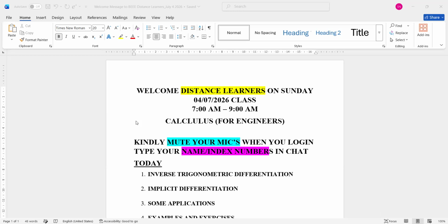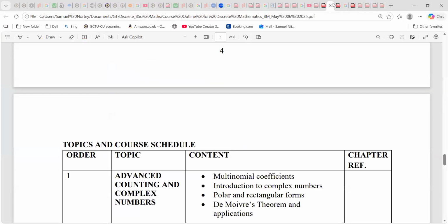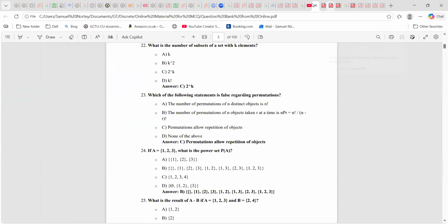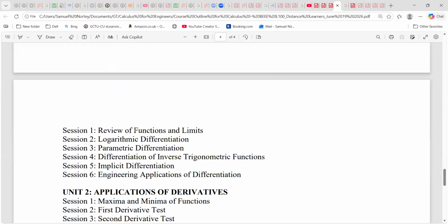4th of July. Today we want to try and finish up with Unit 1. If you remember, in Unit 1 we were supposed to look at limits and functions, logarithm functions, parametric functions, and then differentiation of inverse trig functions, implicit trig functions, and some engineering aspects.